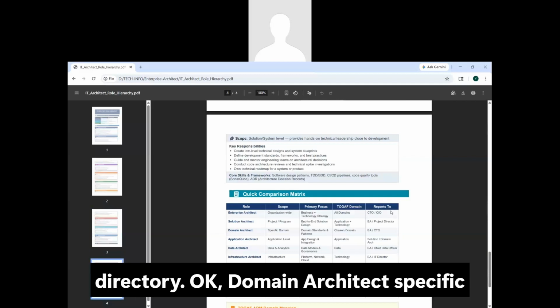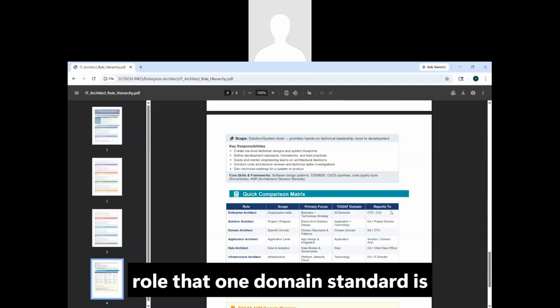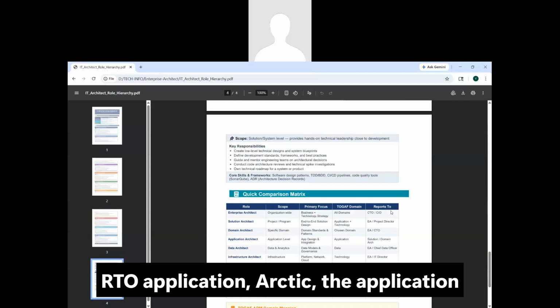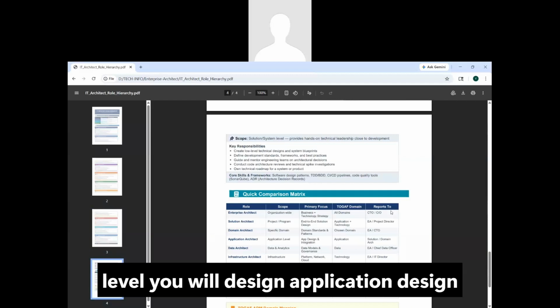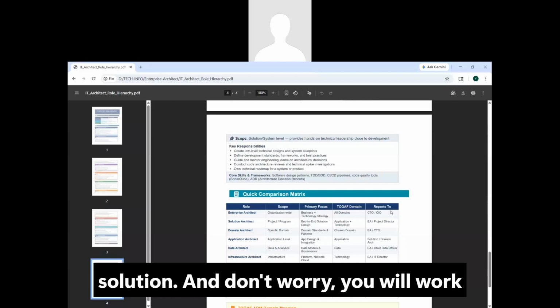The domain architect focuses on a specific domain, with domain standards and patterns, and reports to the enterprise architect or CTO. The application architect works at the application level on application design and integration, across solution and domain, working with the solution architect or domain architect.